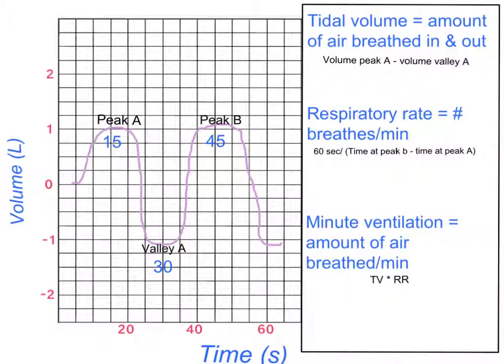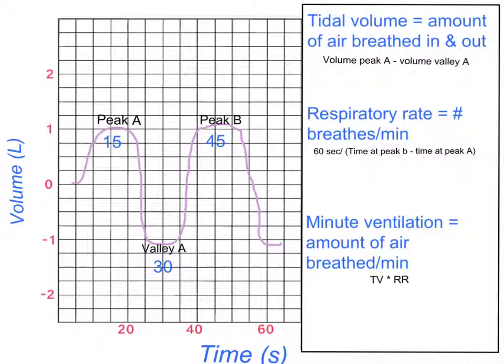Once we get our data, we're going to perform some calculations. First thing we're going to calculate is the tidal volume, and that's basically the amount of air we breathe in and out. So we need to find a representative peak and valley and find the difference in volume between here and here. Don't be confused by the negative number here, it's just a quirk of the labcast.